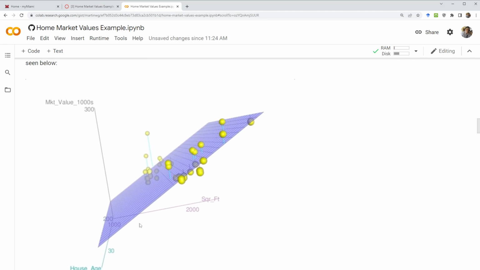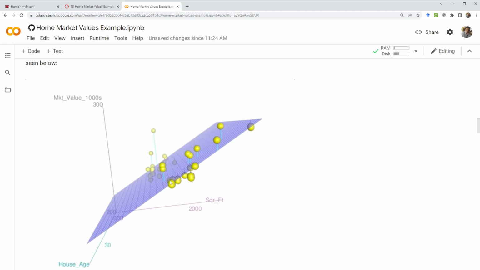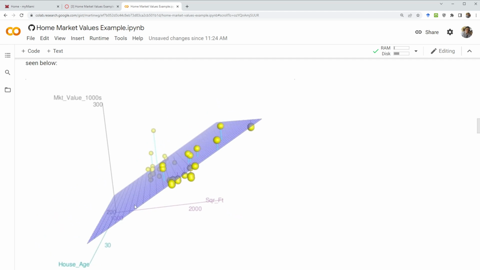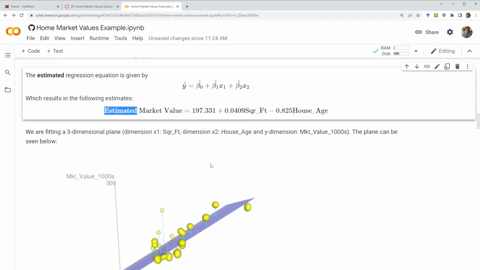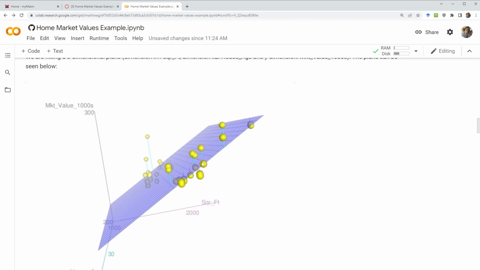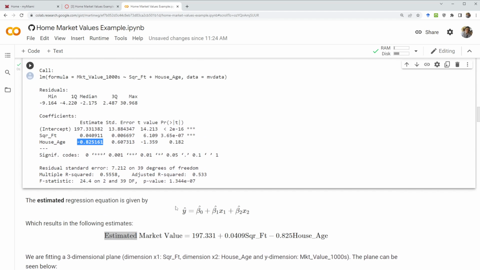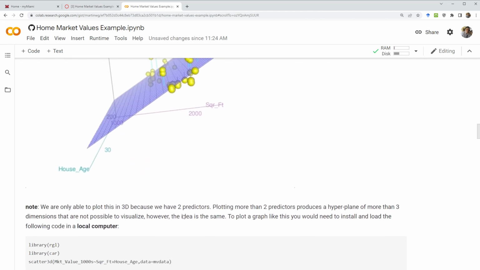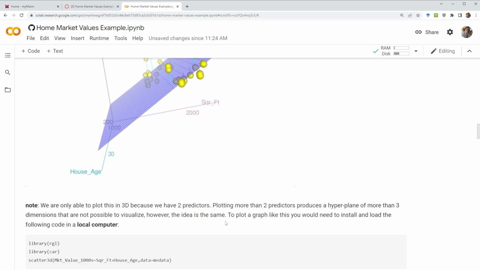But you can see that the plane goes up positively as square footage goes up, but then it tilts a little bit down with house age. That's what happens here with this estimation, and that's why it's giving you this slightly negative slope. Okay, so note that we can only plot this in 3D because we have two predictors, but with more than that, it's not going to be possible to do.